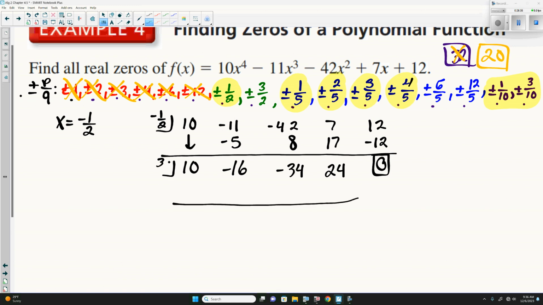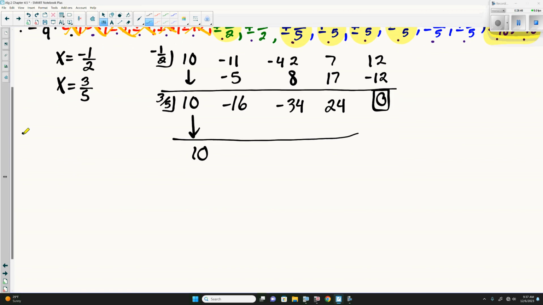Now 3/5 does work. And we can do this again. 10. Now again, with this process, I would definitely be doing this in the calculator, because 3/5 times these numbers is not something that is easily done unless you're used to doing these.